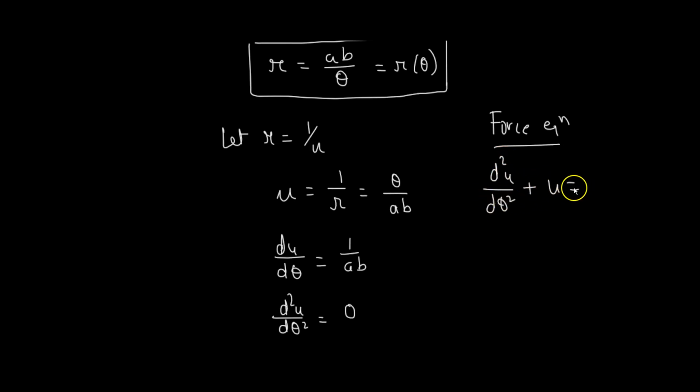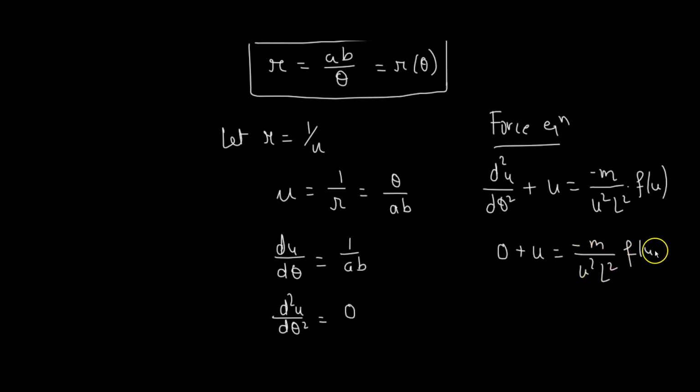Now coming to our force equation, we have the differential equation d squared u over d theta squared plus u equals negative m divided by u squared L squared times f of u. So let's substitute all of these values here. d squared u over d theta squared is 0, plus u equals negative m divided by u squared L squared f of u.